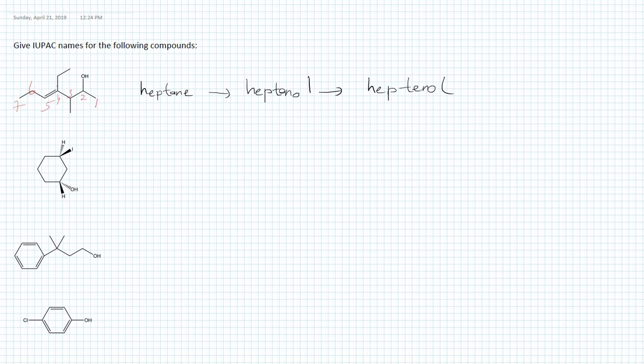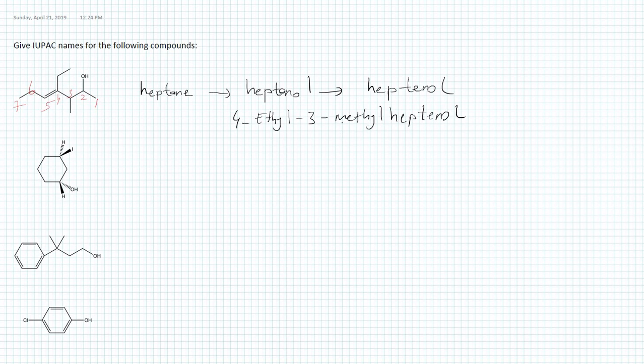So alphabetically, ethyl comes before methyl. So we have to say that this is 4-ethyl-3-methyl. Then it has to be heptanol. And then we have to specify where the hydroxy functionality is and where the alkene functionality is.